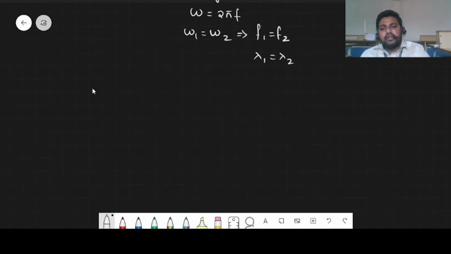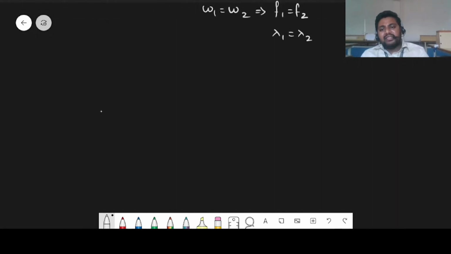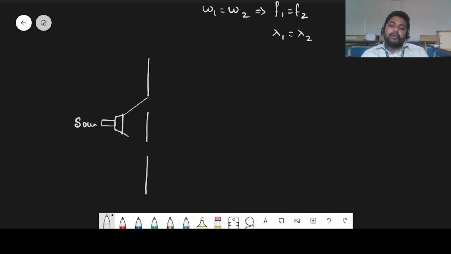Experimentally it is observed when we take a single source, let's say this is your source. From the source, light is coming out. To make sure that the two waves coming from that source are monochromatic, we use an arrangement in which two slits are provided, so that the light rays coming from them will have the same wavelength and frequency.